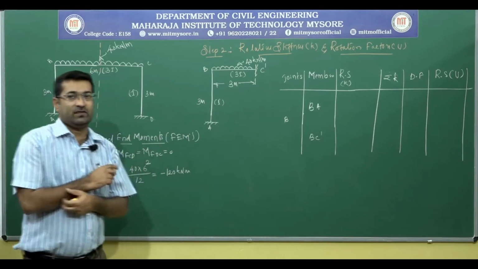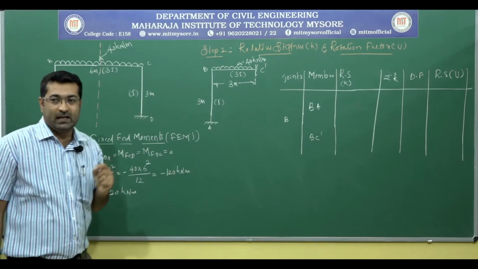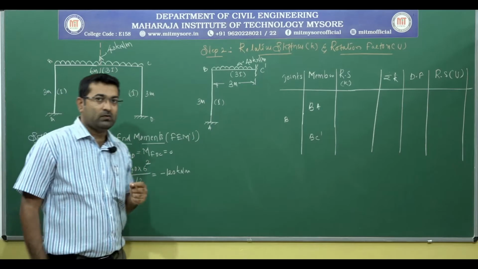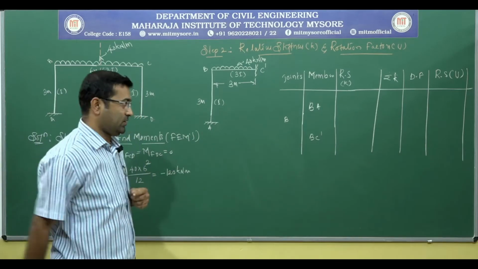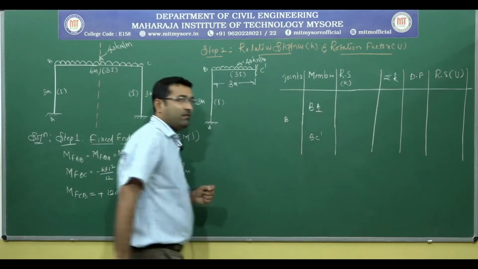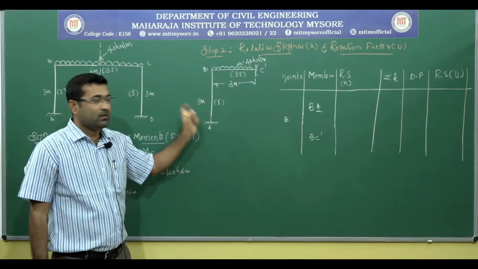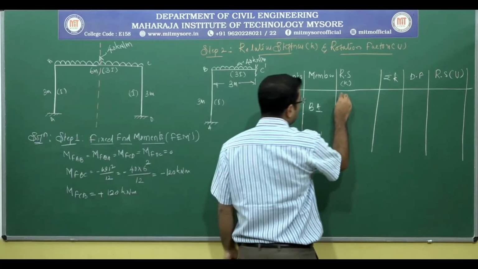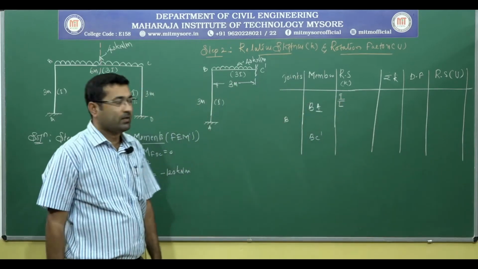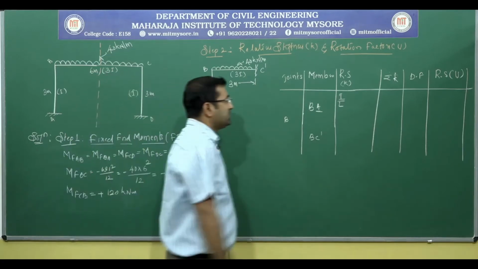Now the relative stiffness for BA member. Whenever we are calculating the relative stiffness for any member, we look at how the far end condition is. For BA member, A is the far end and it is fixed in nature. So the relative stiffness is I by L. I value is I, L is 3.